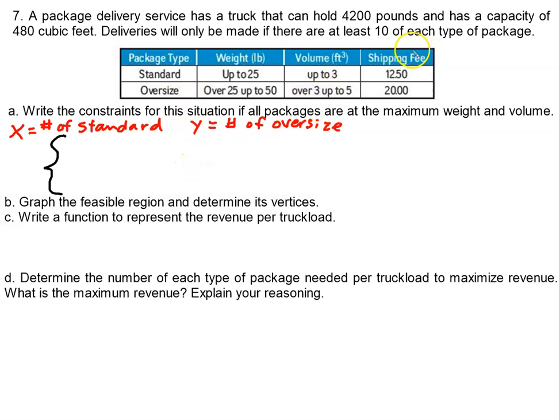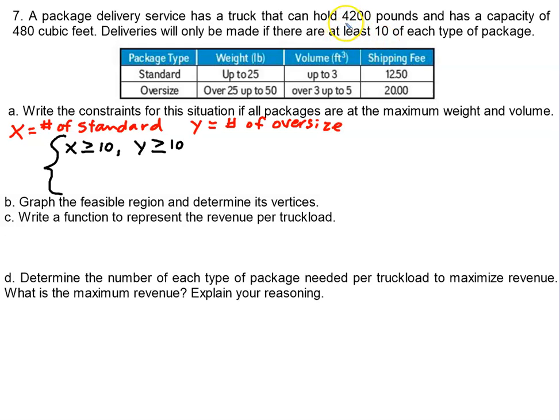Well, that's not really going to be needed here because we're told that at least 10 of each type of package has to be delivered. So let's just start off with that constraint. X, the number of standard, has to be greater than or equal to 10, and that's also true for Y. The number of oversize has to be greater than or equal to 10, or else we don't deliver. Okay, so we got that out of the way.